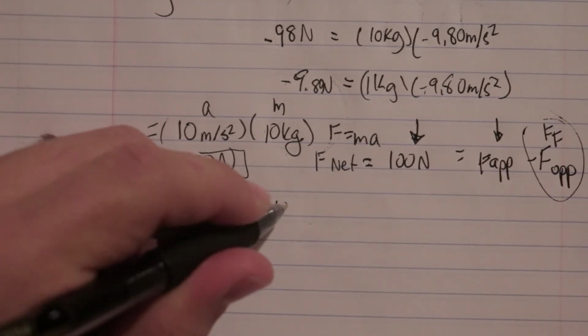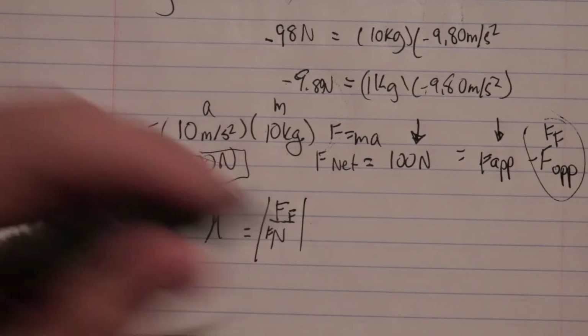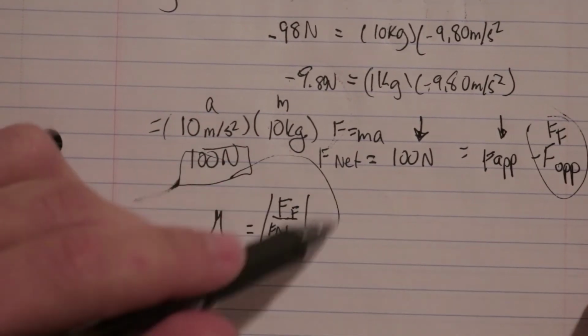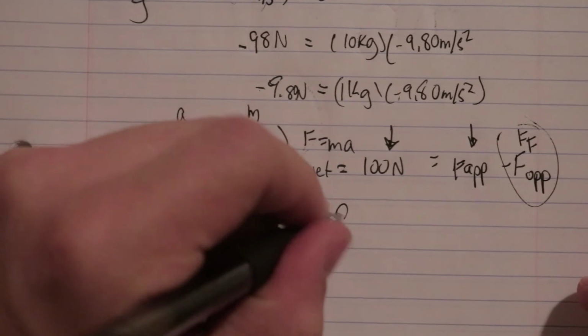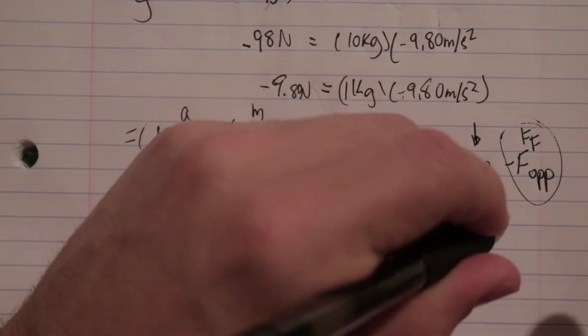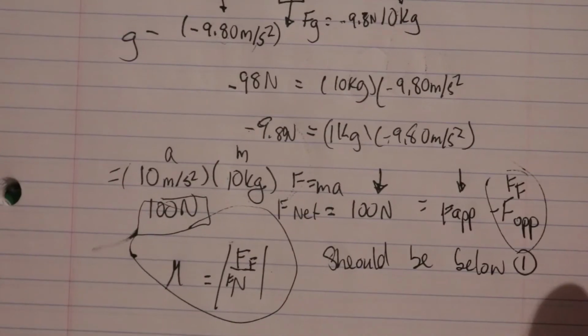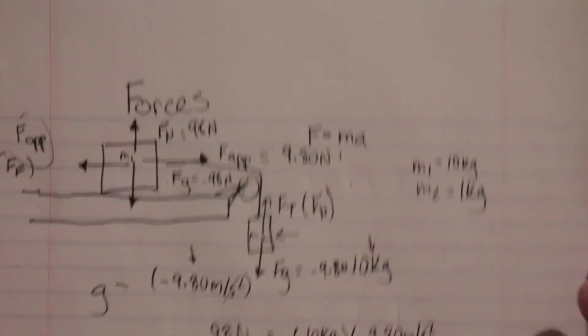And this is just going to be force friction over force normal, the absolute value of that. And that's how you get mu. And it should be below 1. This would be like 100% friction. So some more things to think about in forces.